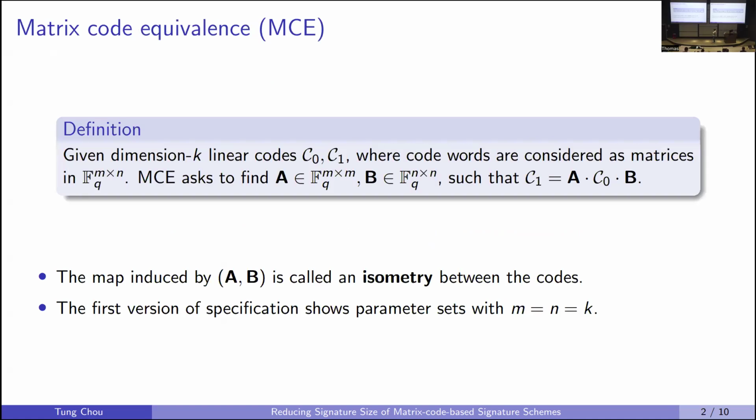So the underlying problem in MEDS is the matrix code equivalence problem. It's defined like this. Given two dimension k linear codes, C0 and C1, where codewords are considered as m times n matrices, the problem asks to find an m by m matrix A and an n by n matrix B, such that C1 is equal to A times C0 times B. This is a very simple problem.